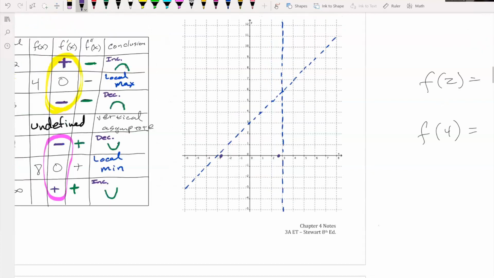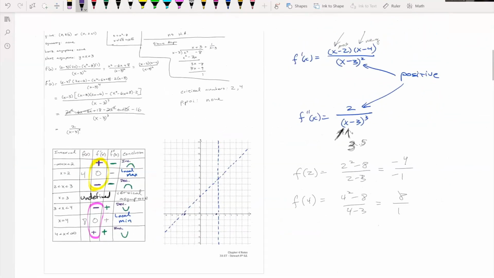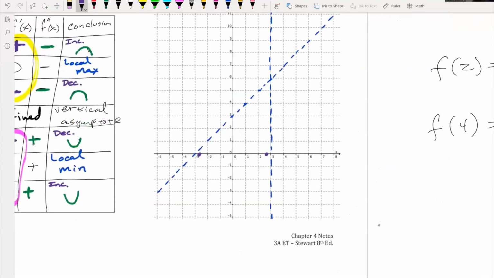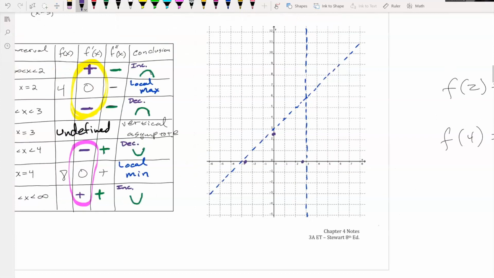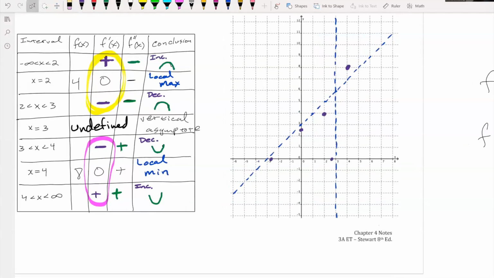And we had a y-intercept at, what was it, 2.67 if I remember correctly. 2.67 is maybe about there-ish. And then we have 2 more points. We have our local max at 2, 4. That's right there. And we have our local min at 4, 8, which is right there. And so we have those 5 dots, and that's going to help us get there.